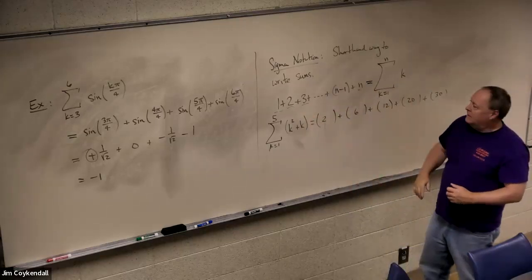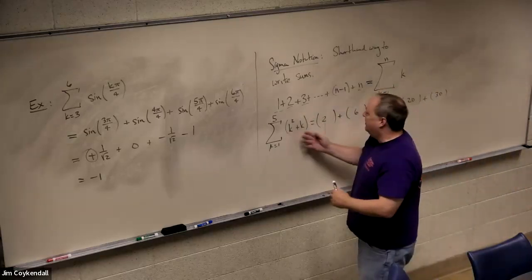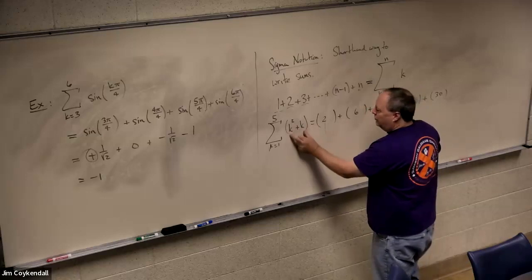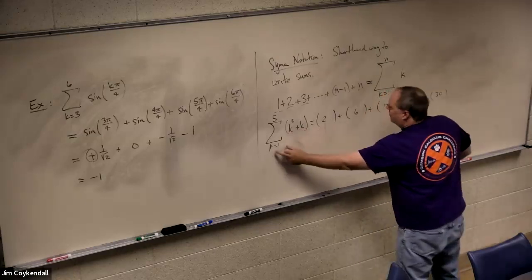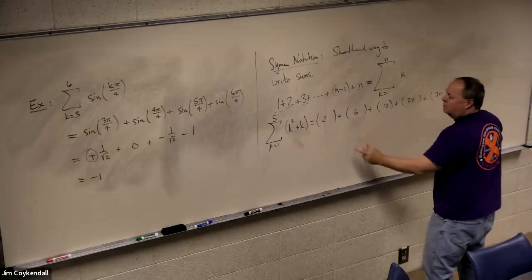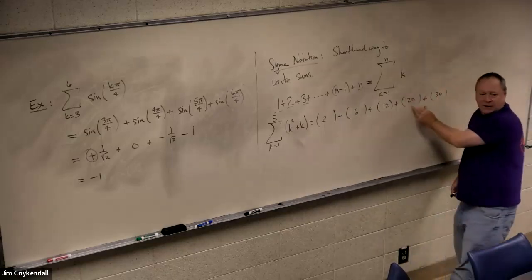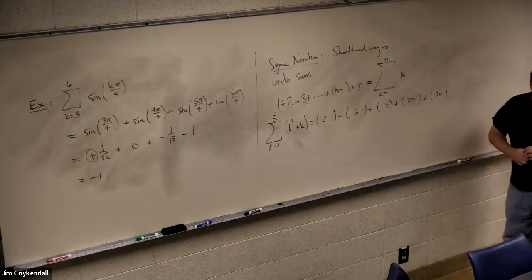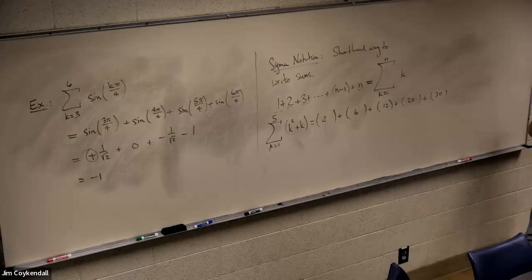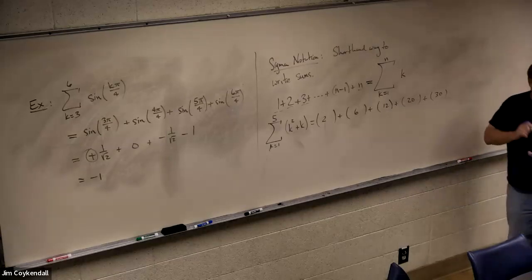And then you add it up. That's the way I got it here. I got 1 squared plus 1, then k equals 2, I get 2 squared plus 2, k equals 3, 3 squared plus 3, and 4. That clear? Okay.